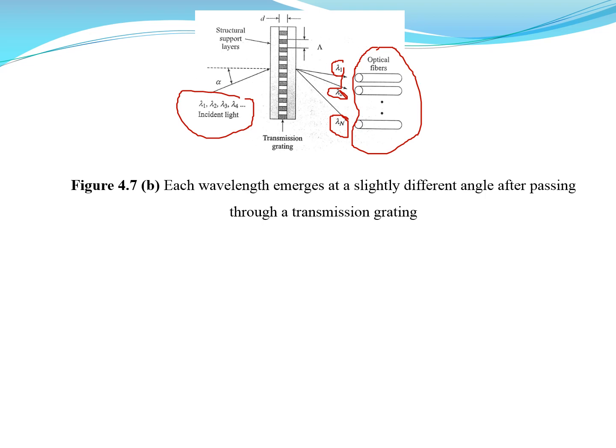This is how the wavelengths emerge at slightly different angles after passing through the transmission grating, and this transmission grating makes the light of different wavelengths go at a different angle into the optical fiber. So this is how the diffraction grating, which is a transmission grating, works in an optical fiber.